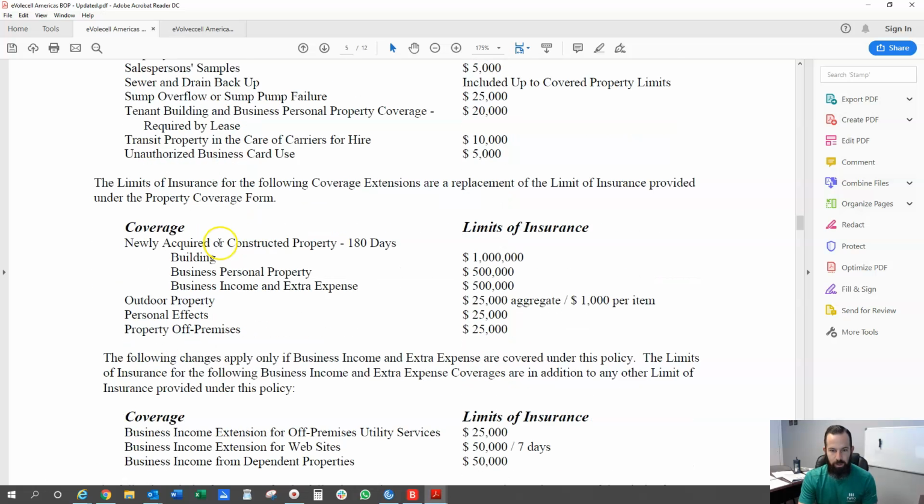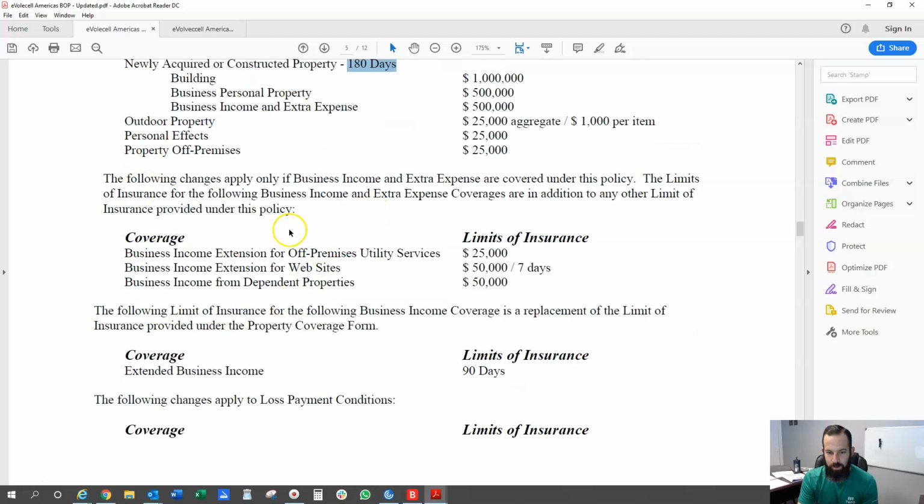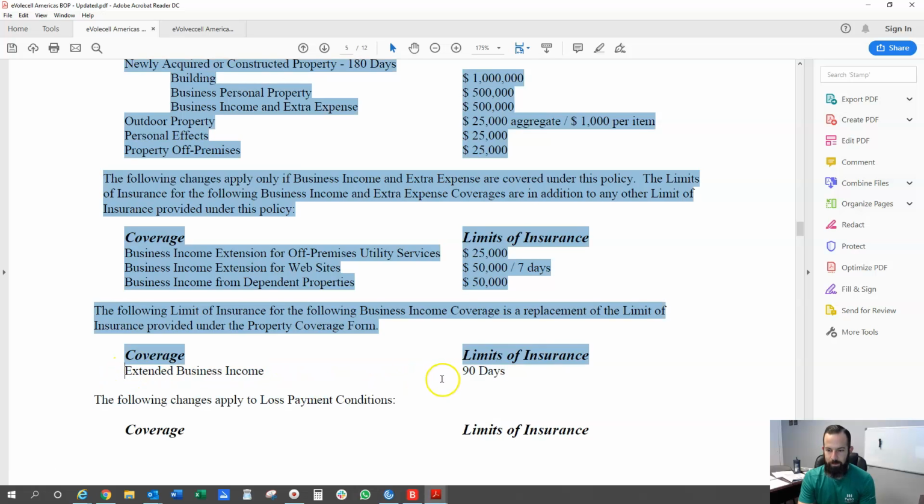For example, if we acquire a new building immediately, we have $1 million of coverage for up to 180 days should we fail to let me know in this acquisition, for example. So, there's a lot of things that automatically are included in the business owner's package that come into play should a loss happen. Extended business income is another one.